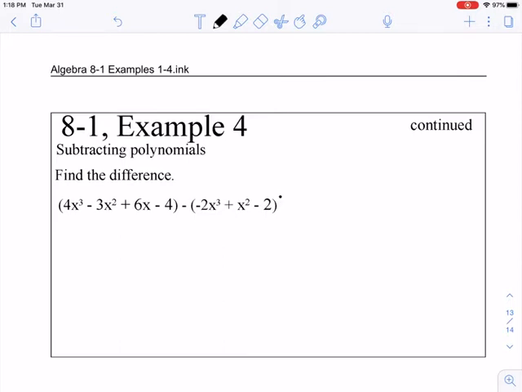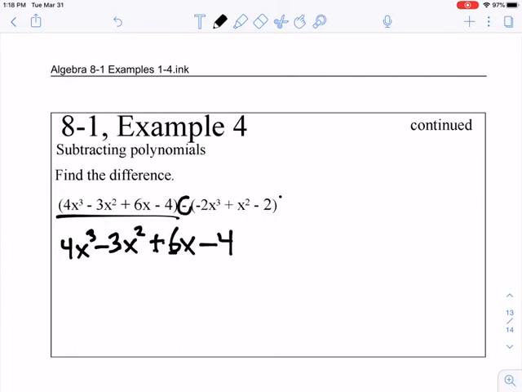All right, first things first, let's deal with this term. Basically just drop the parentheses. I don't have to do anything weird to it. So we've got 4x cubed minus 3x squared plus 6x minus 4. Now this negative sign is going to act on everything, each of these terms, and it's basically just going to change the signs of the terms inside the parentheses.